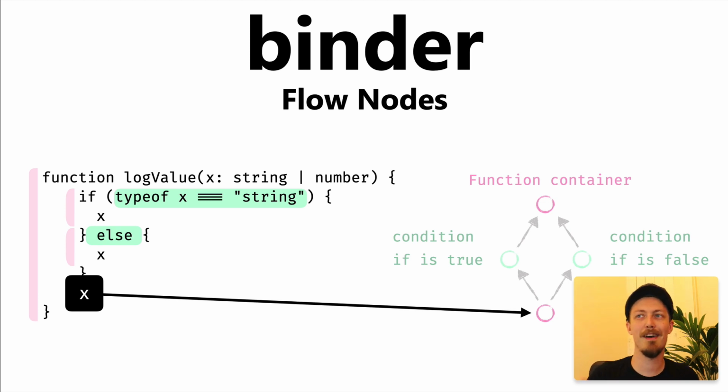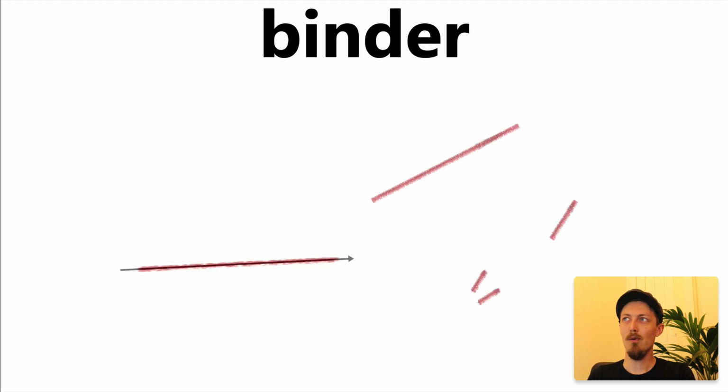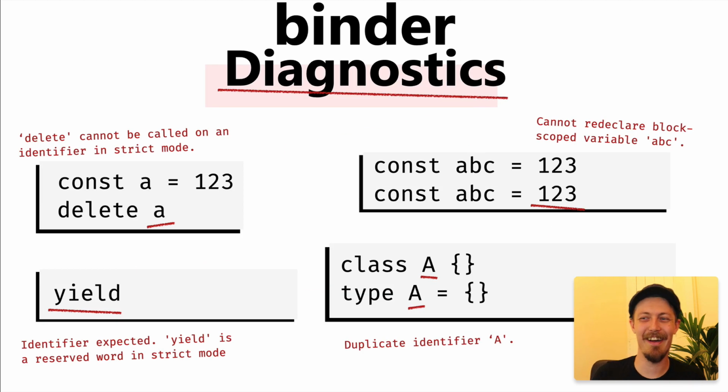So if you had if typeof X equals string return X, then X at the end can only ever be a number, which means we need to take that into account when you're doing the code flow narrowing. Whew.